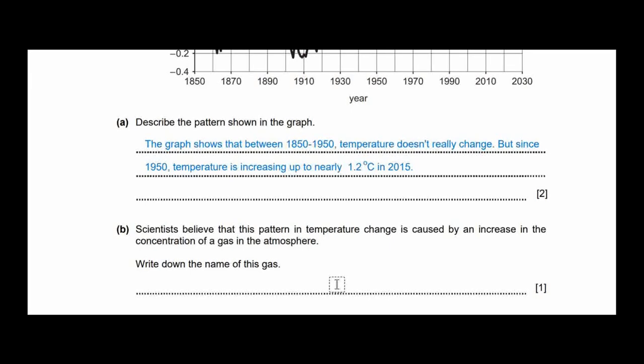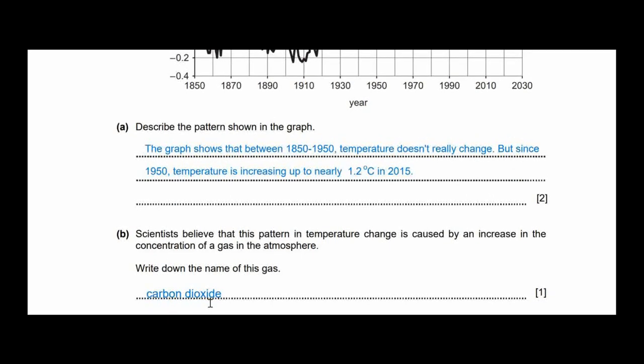Alright, let's open up the answer. It's carbon dioxide that causes the increase of Earth's temperature. Because carbon dioxide is a greenhouse gas, it can absorb heat and cause the temperature of the earth to increase.